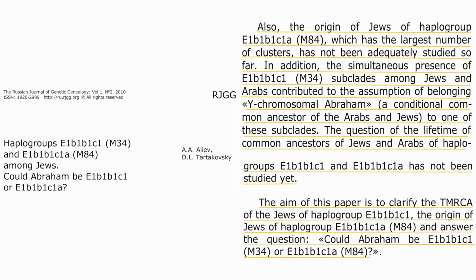The question of the lifetime of common ancestors of Jews and Arabs of haplogroups E1b1c1 and E1b1c1a has not been studied yet. The aim of this paper is to clarify the TMRCA of the Jews of haplogroup E1b1c1, the origin of Jews of haplogroup M84, and answer the question, could Abraham be M34 or M84?